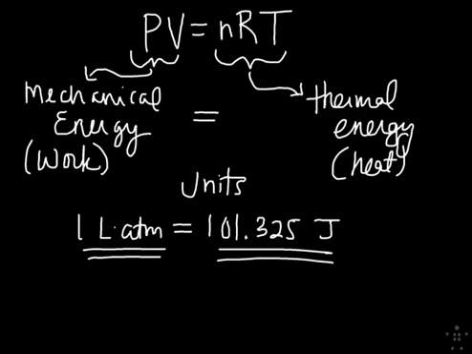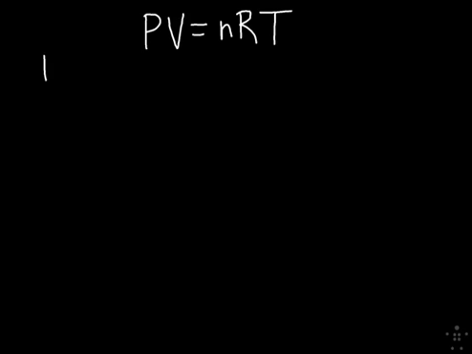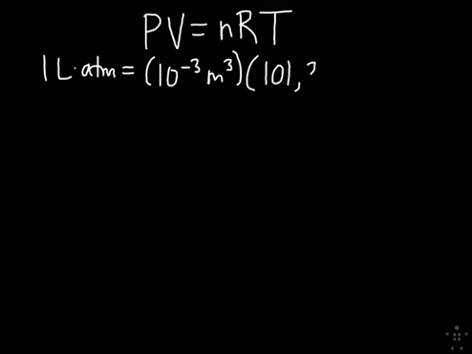Briefly, let me show you how a liter atmosphere equals this many joules. We'll do the derivation quickly. 1 liter times atmosphere in SI units is 10 to the minus 3 meters cubed times 101,325 pascals.